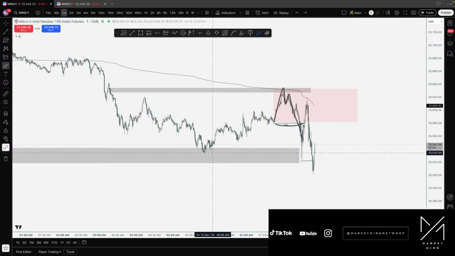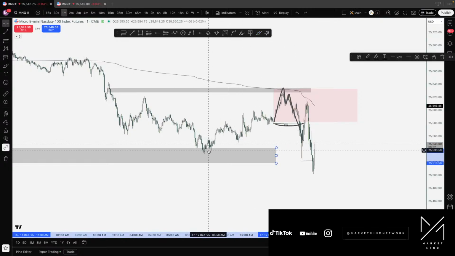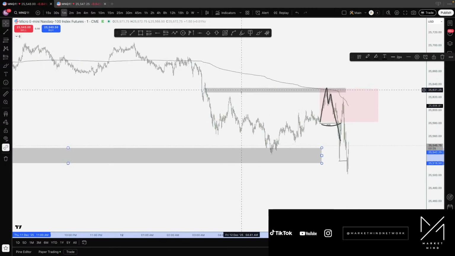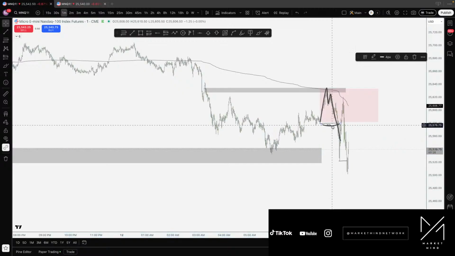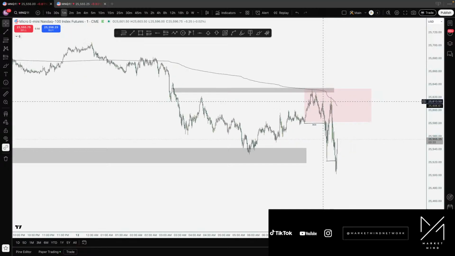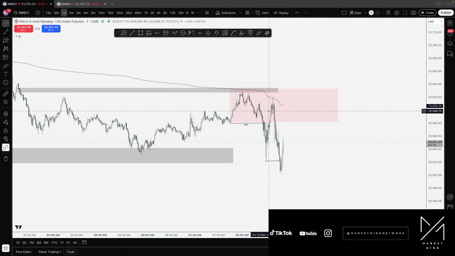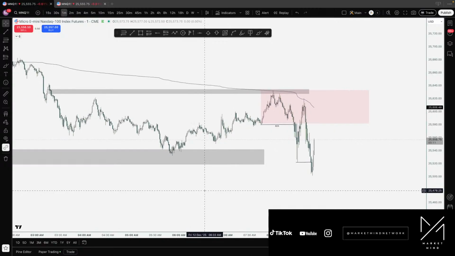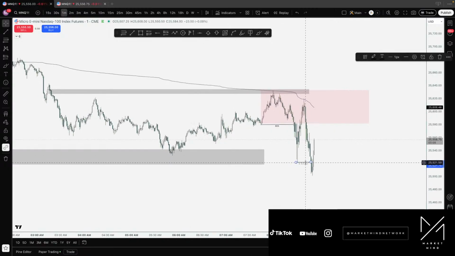So this gray area was demand, right? There was a 5 minute order block. So what did it do? It bounced off of it, used that demand to touch this and come back to supply. The sellers who were there initially showed their hands, right? That's what you have to read.